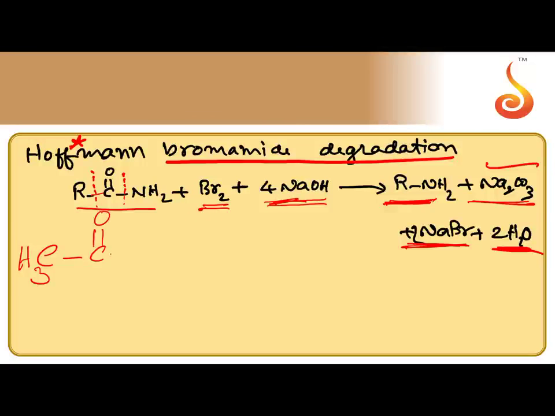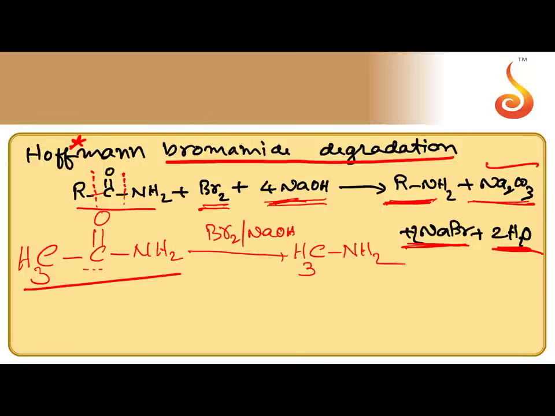If it is acetamide, CH3CONH2 subjected to Hoffmann bromamide degradation, we can get, just you remove CO, the amine with 1 carbon less when compared with the parent amide is obtained, CH3NH2. So parent amide has 2 carbons, amine has only 1 carbon.